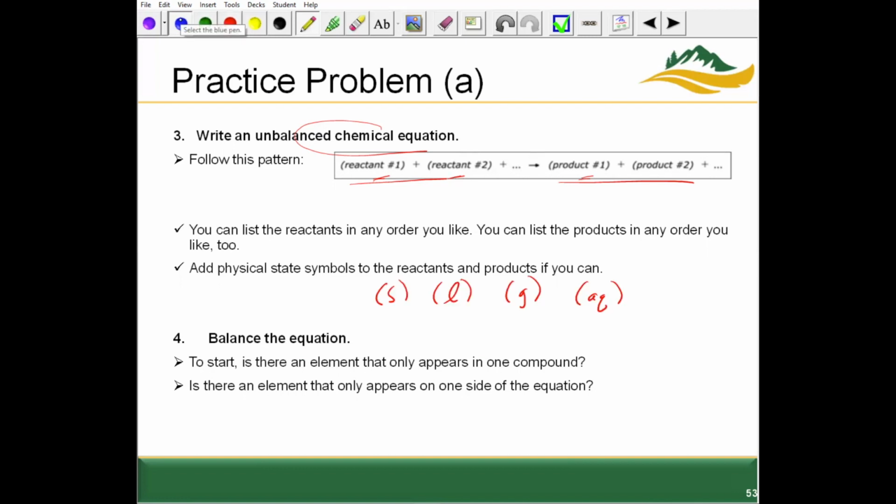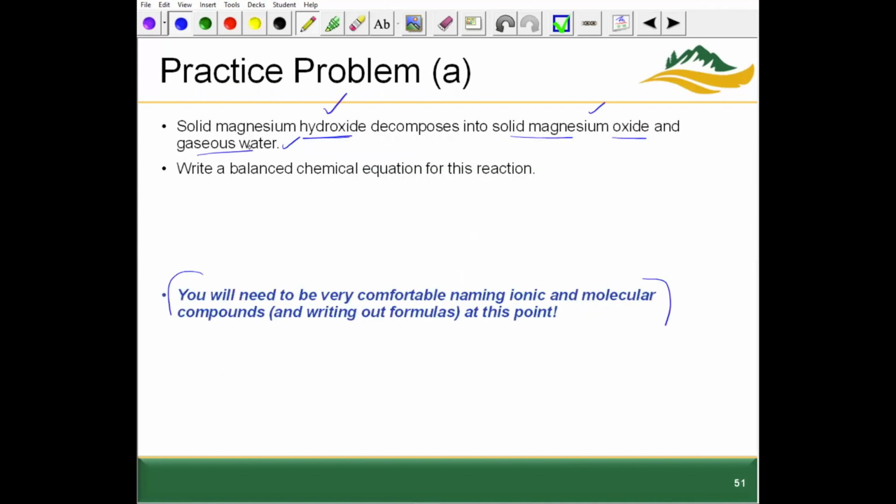Also, at the end of chapter 2, I just quickly introduced these physical states. So if we know them, we should include that our compound is a solid, liquid, gas, or if it's in aqueous solution. For example, we're told here in our practice problem, we have gaseous water. That means we should write this in parentheses g.